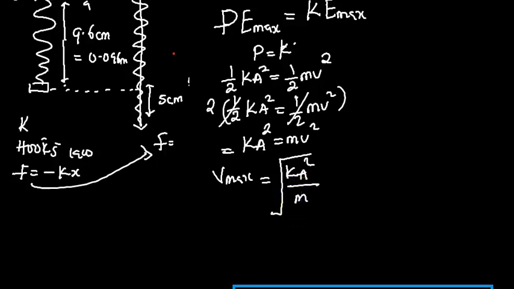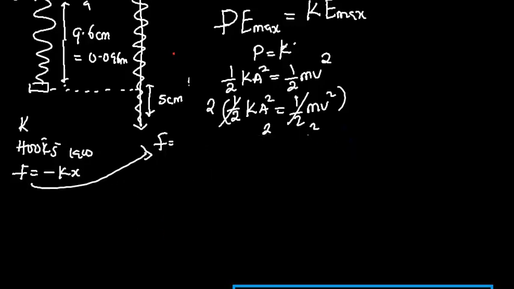Let me take a quick revision here. After multiplying everything by 2, the 2 will cancel out the half from the potential energy and the kinetic energy.